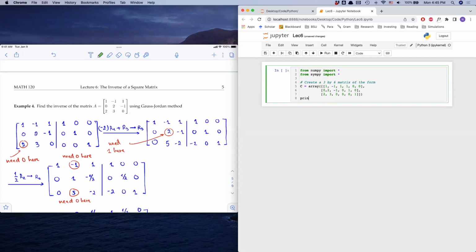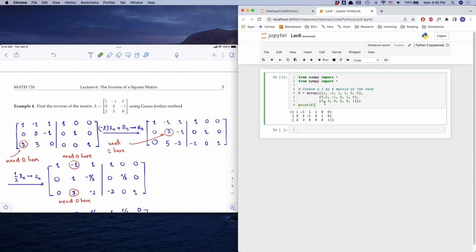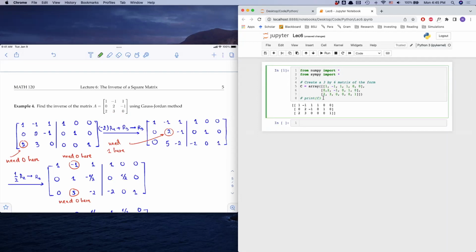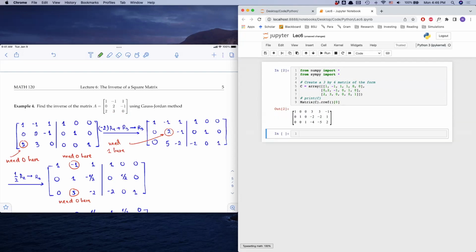Let's quickly print this matrix out just to make sure everything is correct. So it works. Now, what you want to do is obtain the reduced row echelon form of this augmented matrix. We use matrix C dot rref, which means reduced row echelon form, and we're just going to take the first entry of the output.